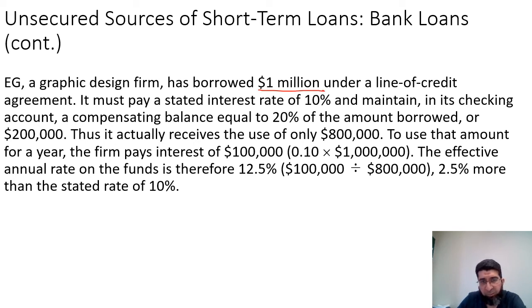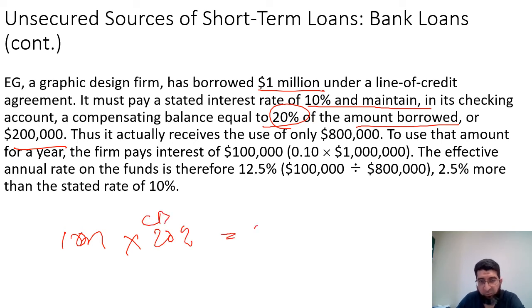It must pay a stated interest rate of 10% and maintain in its checking account a compensating balance of 20% of the amount borrowed, or $200,000. That is $1 million multiplied by 20%, which gives you $200,000. Thus it actually receives the use of only $800,000 at any point of time.